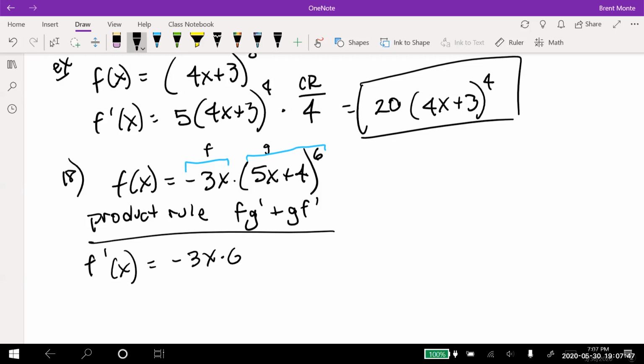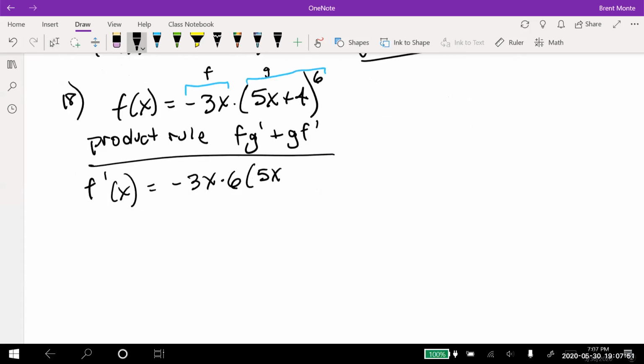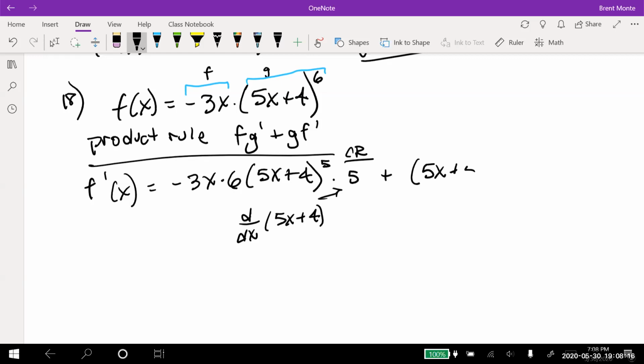We'll bring the 6 down, times 5x plus 4, to the 5th power, times 5 from the chain rule. That's the derivative of the 5x plus 4, the inside function. So there's my first times the derivative of the second, plus the second times the derivative of the first.